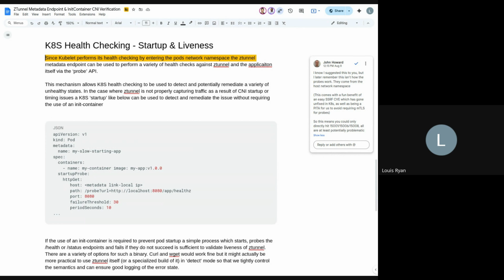Yeah, so the exec checks, without there being an explicit available binary in the image, it's very hard to rely on that style of health check. Okay.